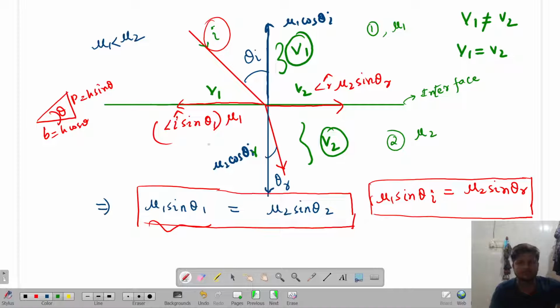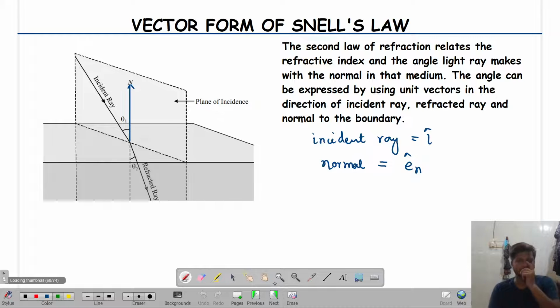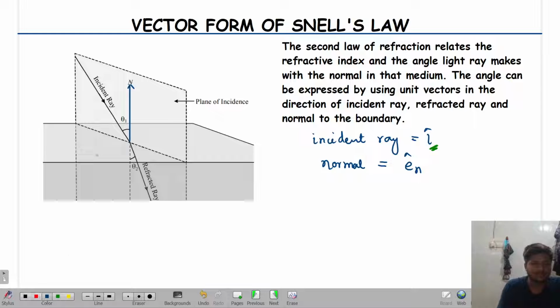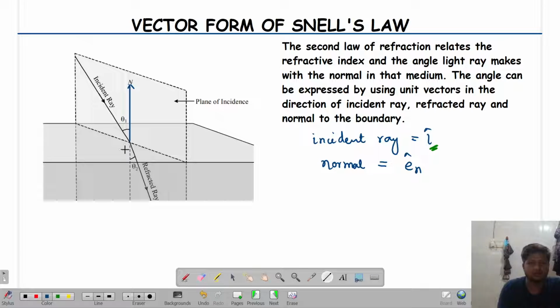Okay. Now coming to this point, now try to see what I have done. I represented my incident ray by I cap. I'm representing this particular normal as n cap. Okay. Now what is going to happen? This interface will also have some kind of vector. See this. This is a medium interface where let's suppose this is medium one and this is medium two.